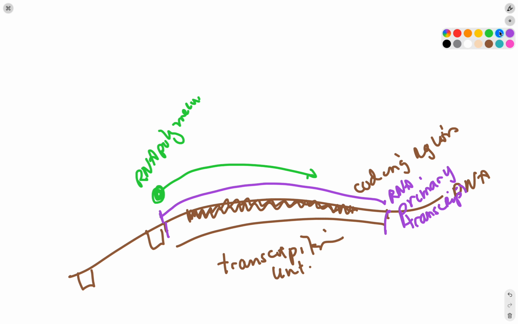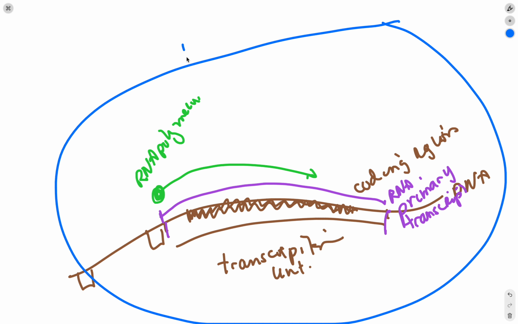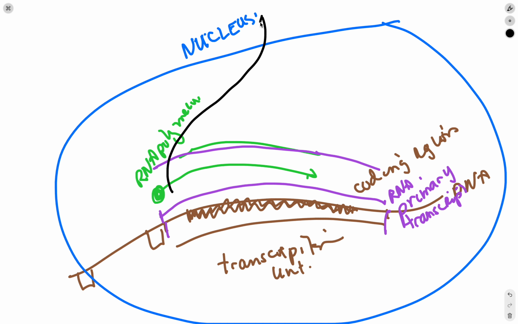Now, in the nucleus, before the RNA leaves the nucleus, it's going to go through here. So now we can make several RNA molecules like this. Oh, sorry, I should have made them purple. I'll draw that over. So we'll get multiple RNA molecules like that. And as we go, the RNA will get ready and it will leave the nucleus.